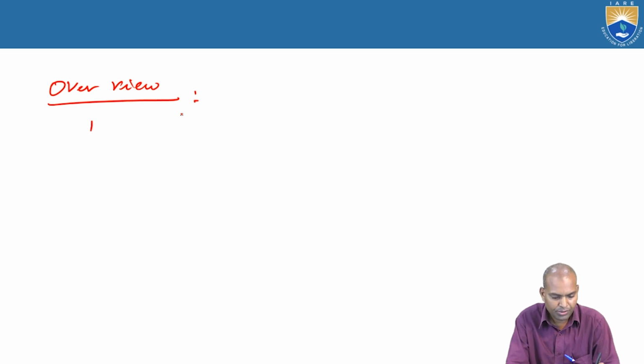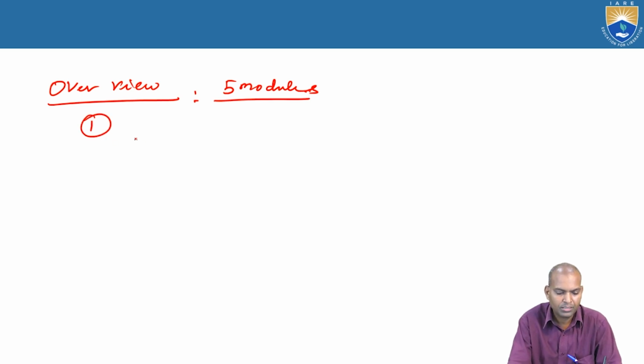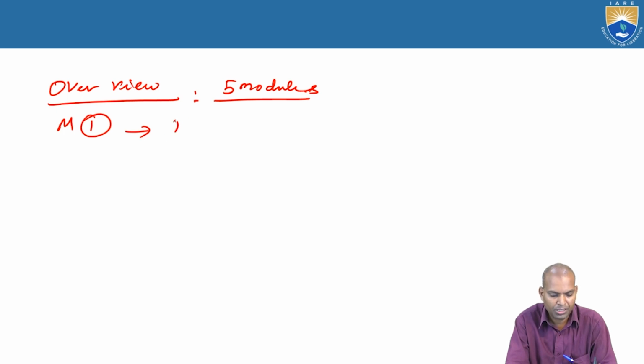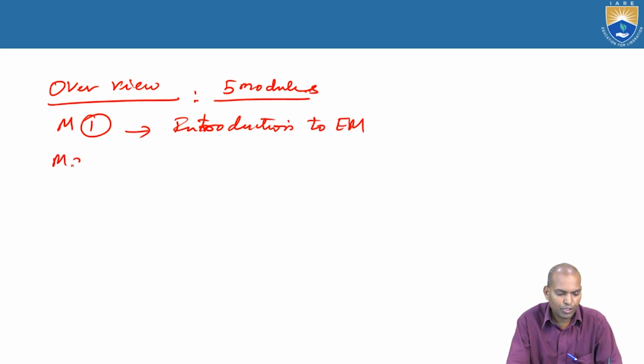There are 5 modules in this course. Module 1, that is M1, is related to Introduction to Engineering Mechanics. Module 2 is related to friction.